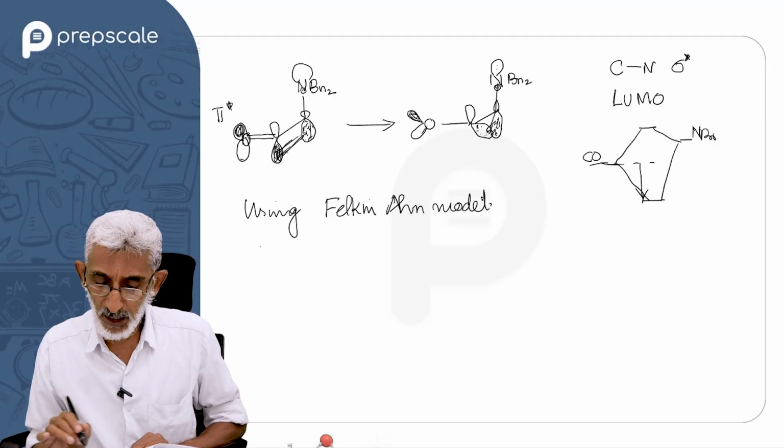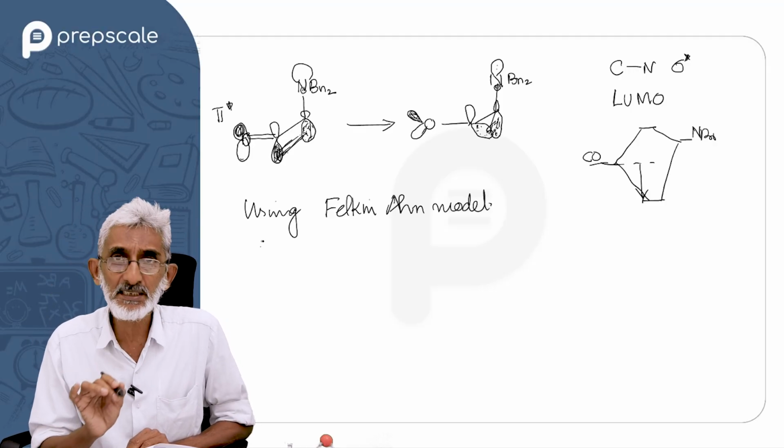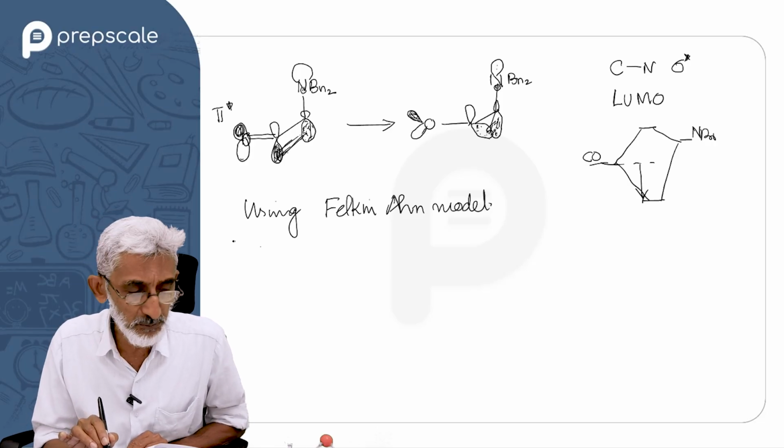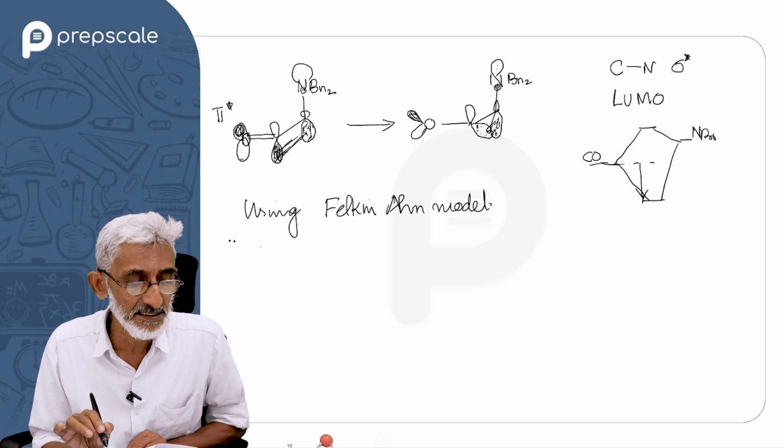Okay, now let us see how we can use this Felkin-Anh model. There are three or four steps very clearly which you have to remember, which we have already done. I am just enumerating them.